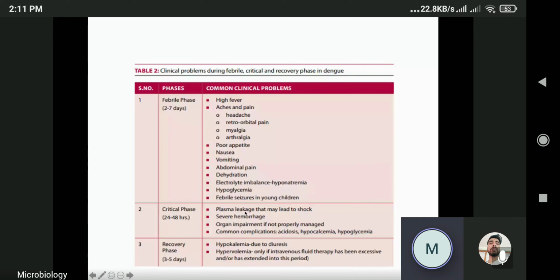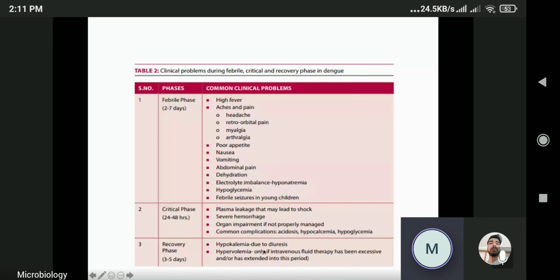Okay, and the patient develops acidosis, hypocalcemia, hypoglycemia, and due to this, the patient may die. Recovery phase, and finally, if the patient is managed properly, then the patient will recover after 3 to 5 days.